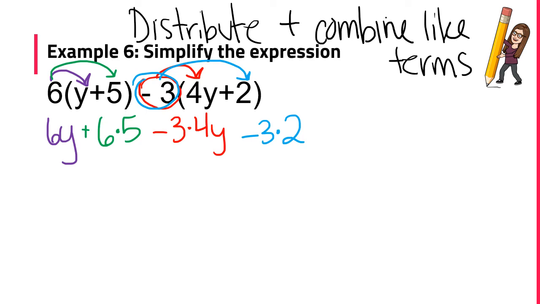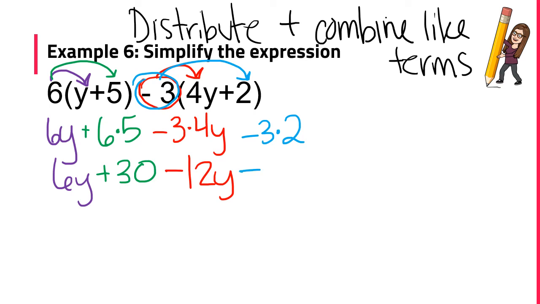All right, let's simplify those down. 6 times y is 6y, nothing special there. Positive 6 times positive 5 is positive 30. Negative 3 times positive 4 is negative 12. Keep the y. And a negative 3 times positive 2 is a negative 6.